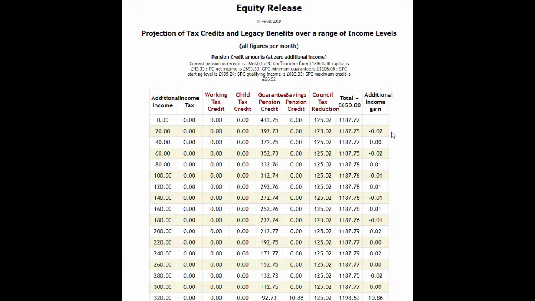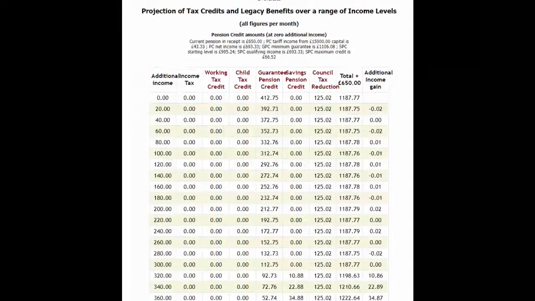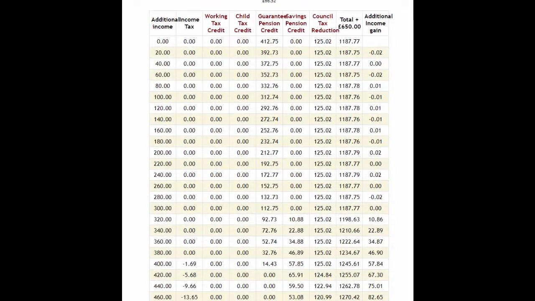And that will carry on being the case until we get to a stage where something else can affect it. If we scroll down the table, you'll see that the total amount of income stays constant until £300, and then it begins to increase slowly.